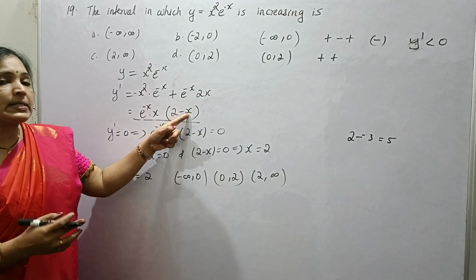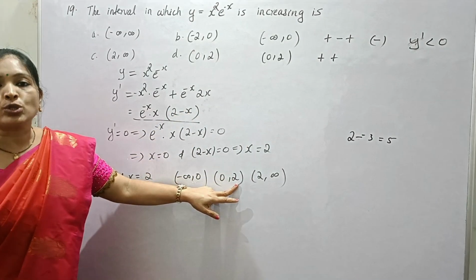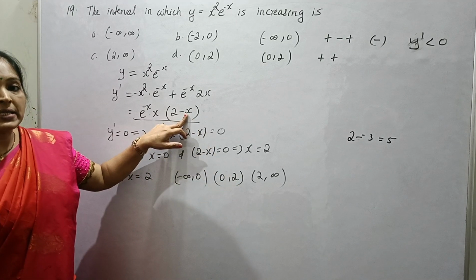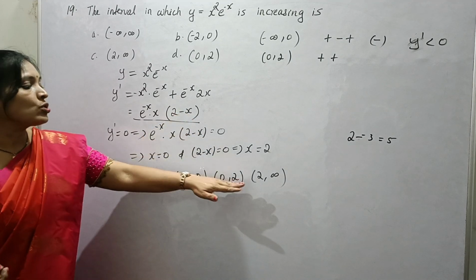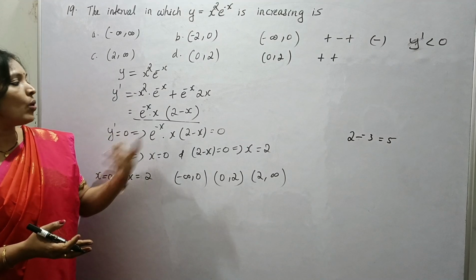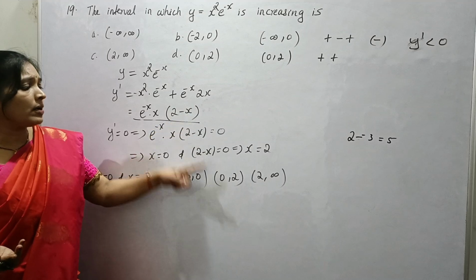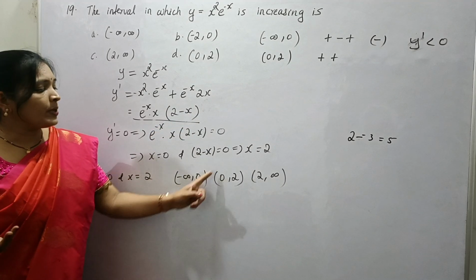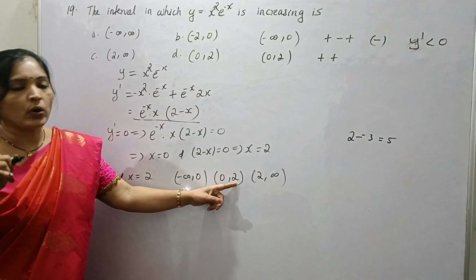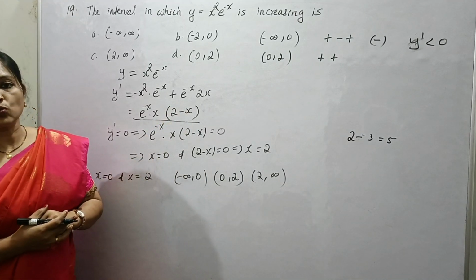Then what about 2 minus x? When we substitute x is equal to 2, it will be 0. 0 to 2 means the maximum value is 2. So when we substitute x is equal to 2, it will be 0, and for values less than 2 and greater than 0, take for example 1: substitute x is equal to 1, you will get 2 minus 1, that is 1.